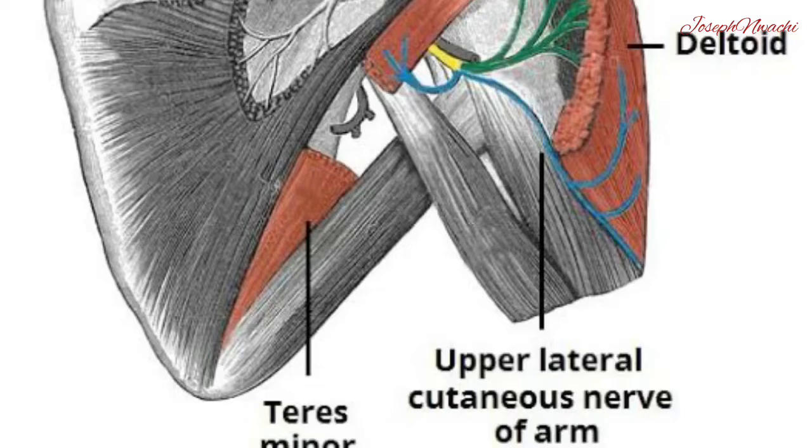This nerve innervates the skin at the inferior region of the deltoid muscle, which is known as the regimental badge area. That is the sensory innervation. The next thing we'll be looking at is the clinical applications, the clinical correlate.